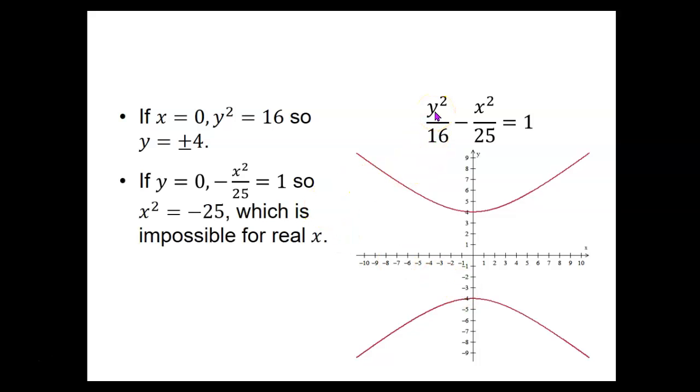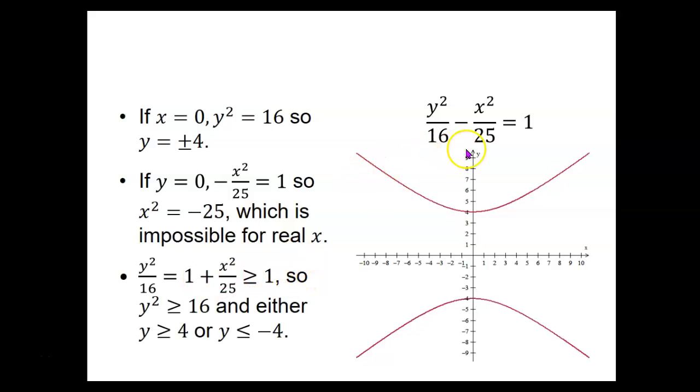If we put 0 in for y, we get 0 minus x squared over 25 equals 1, or just negative x squared over 25 equals 1. And for that to happen, x squared would have to equal negative 25, which is impossible if x is a real number, which are the only things that show up on the graph. So there are no points on the graph that have a y coordinate of 0.